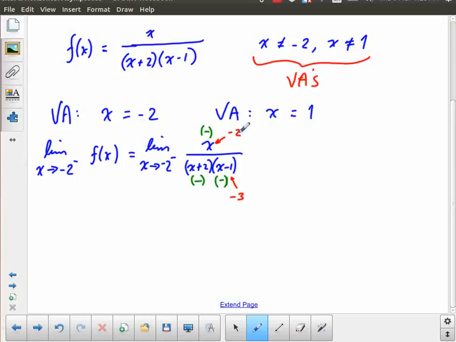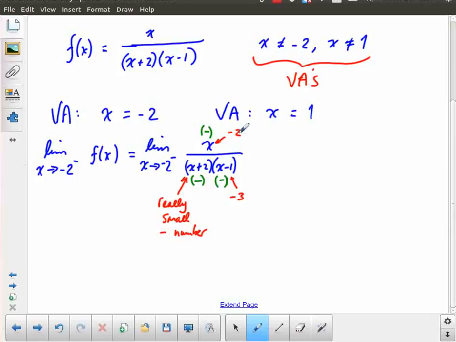So right now we've just got a number over a number, but what happens when x approaches negative 2 from the left? It becomes negative, but it also becomes a really small number. And then we've got negative 3 times a really small negative number. And so that's still going to be a really small number.